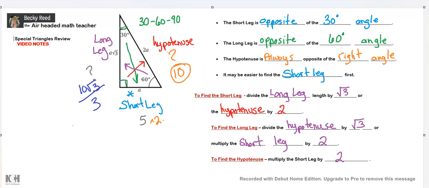But if you didn't have that one and you had this long leg over here, and your long leg is 10 times the square root of 3 over 3. So if you did not have this one and you wanted to find the hypotenuse, you could multiply this one.